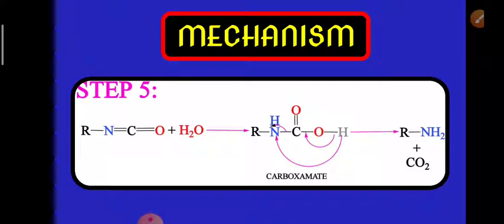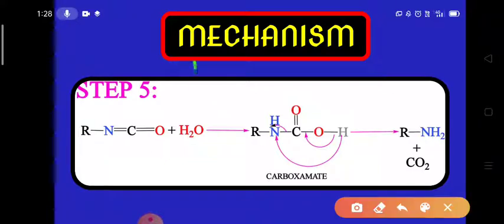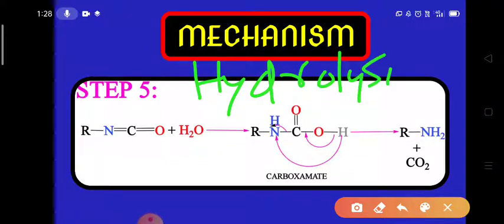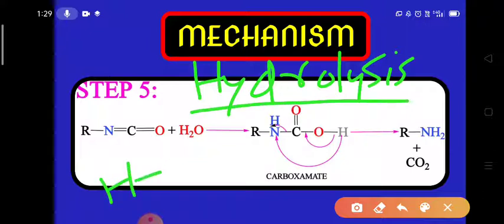And in the fifth step, the isocyanate undergoes hydrolysis. Hydrolysis means reaction with water, or breaking with water. Lysis means breaking. And we know the formula of water, that is HOH, and we can write this as H plus and OH minus ion.